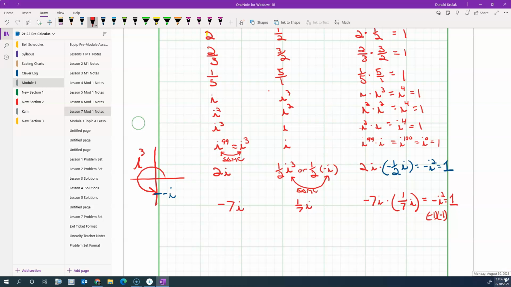So you see how you're changing when you're working with an imaginary number, the sign is going to change. Okay, so the answer to this one here was negative 1/2 i. So you notice that there is a sign change.